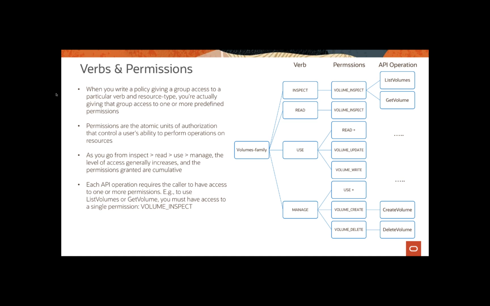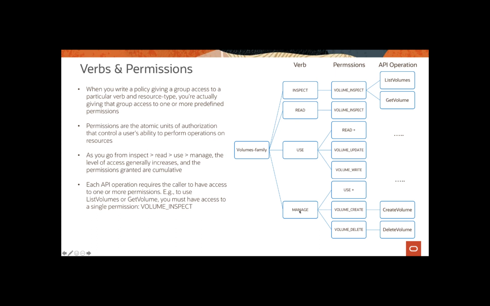The best way to read this diagram is when you write a policy. We wrote the policy called allow group network admins to manage the virtual network family in tenancy. In this case, your verb in this example is manage.